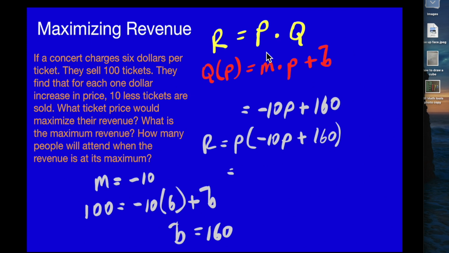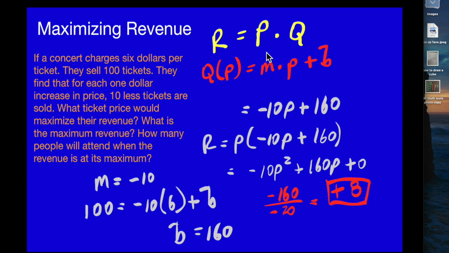That's going to yield -10p squared plus 160p plus 0 if you'd like. If we do -b over 2a, we're going to get -160 over -20, and that's going to equal +8. So, a price of $8 will maximize this revenue, just what we got before.